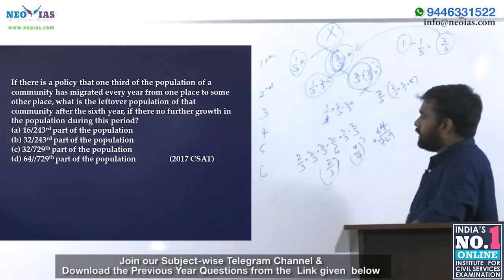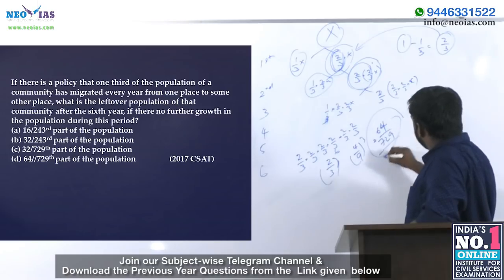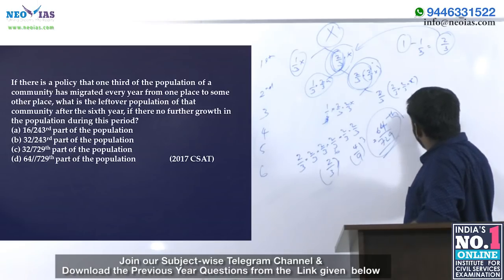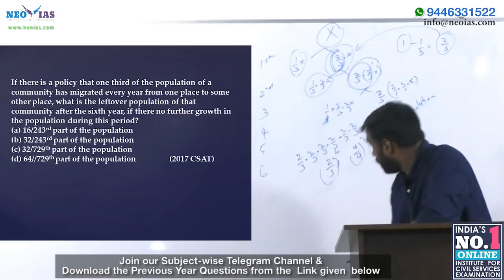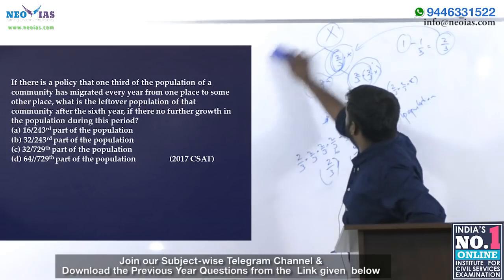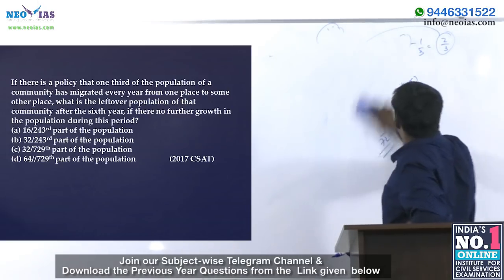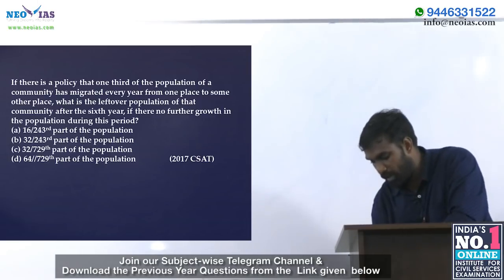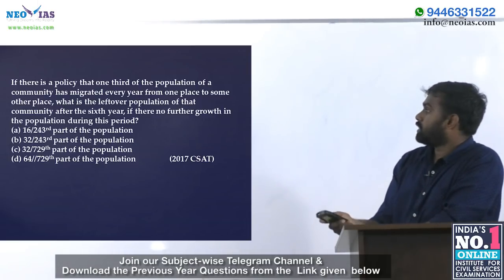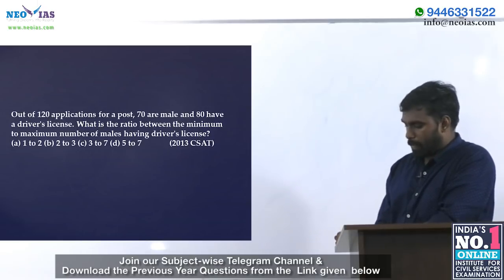That is option D will be the answer. 64 by 729th of the population will be remaining in the native place. The rest will be gone, as if everyone is going to Europe, Gulf, searching for jobs and all, right. So that is the basic concept.